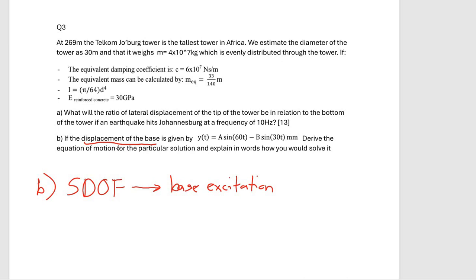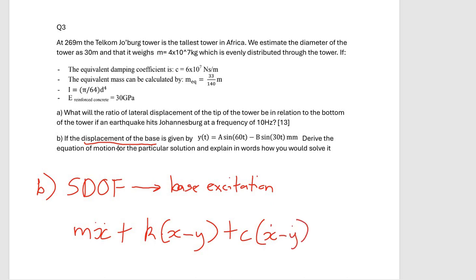Okay, so what do we know about base excitation? We do know that the general differential equation for base excitation is given by m x double dot plus k(x minus y) plus the damping term c(x dot minus y dot) is equal to 0.